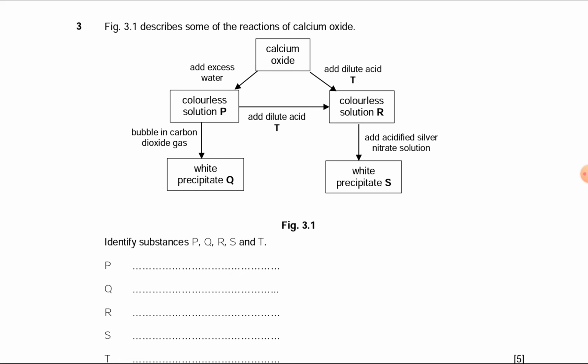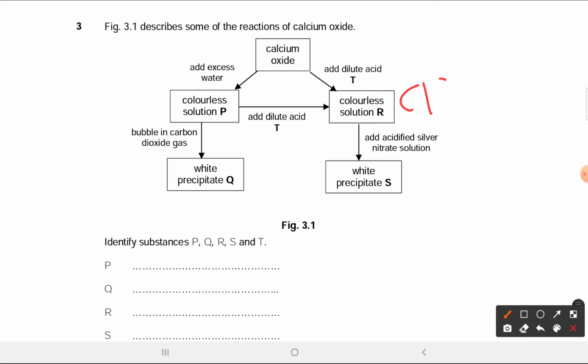Okay, let's go back to the quiz question. So your S is silver chloride. Which means that your colorless solution R must have chloride inside. Where do you get the chloride? Because there is no chloride in calcium oxide, the chloride must have come from the dilute acid. So what acid has chloride?